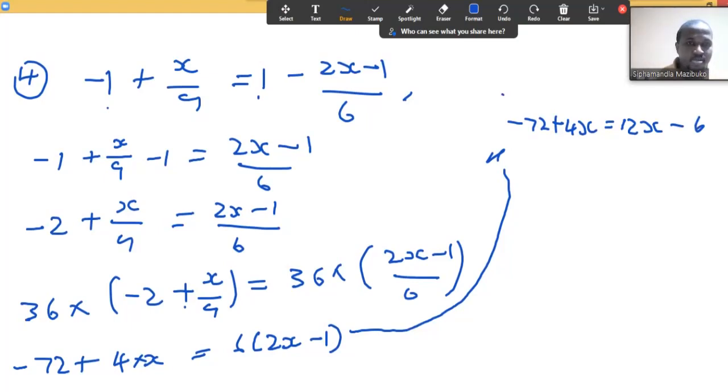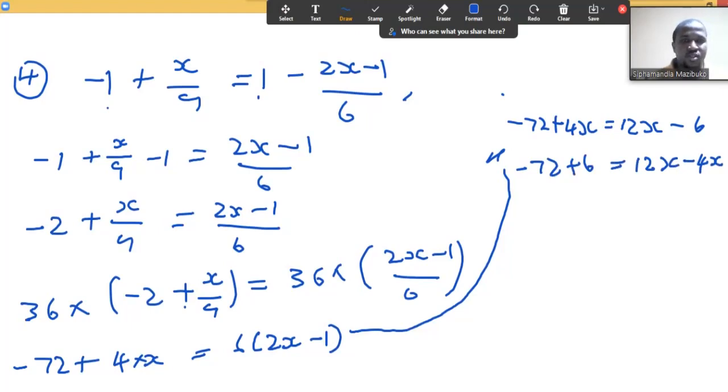So now what we can do, we can take that 6 to the other side, so we'll have minus 72 plus 6 is equal to 12x minus 4x, right?